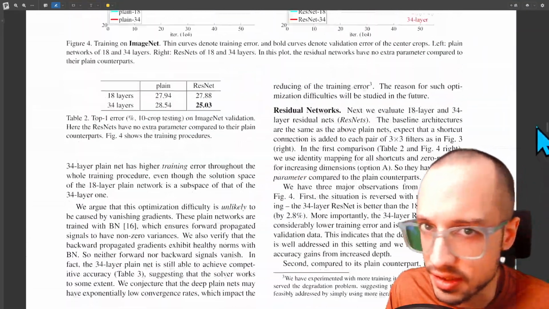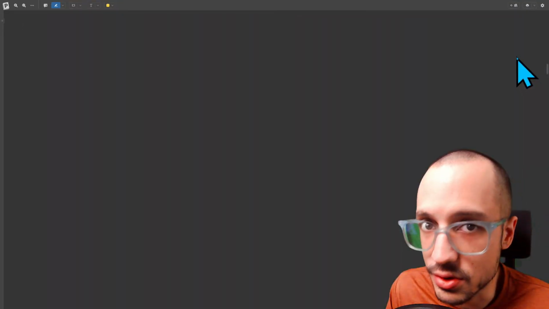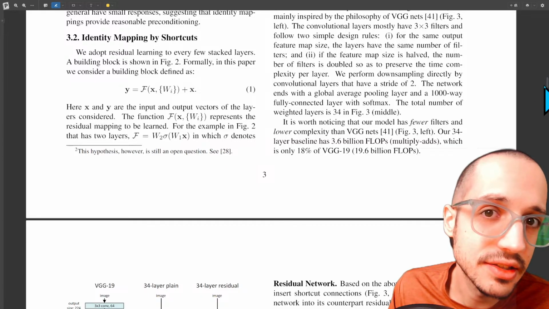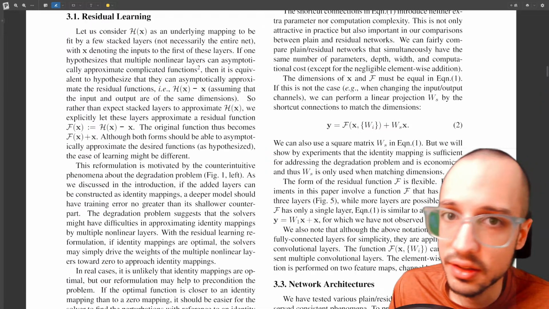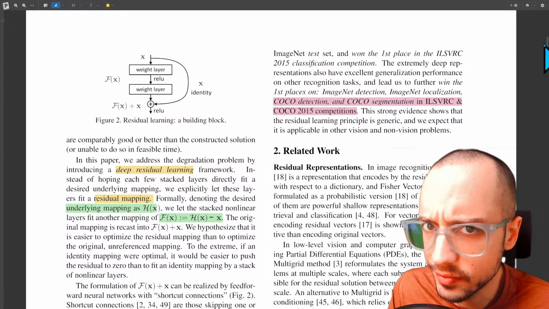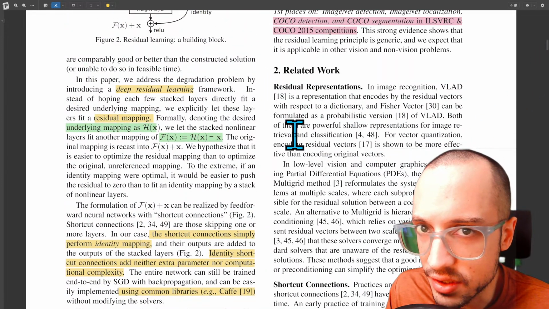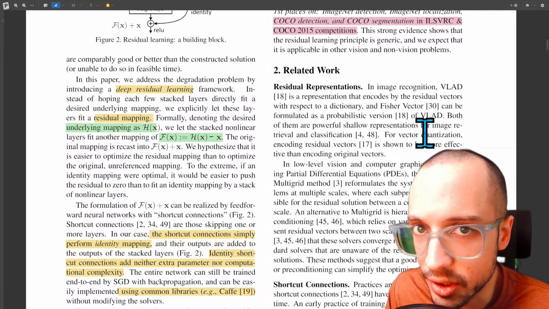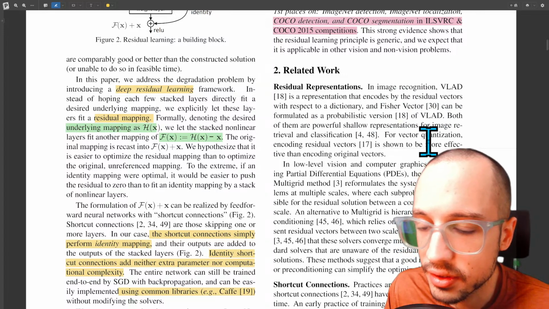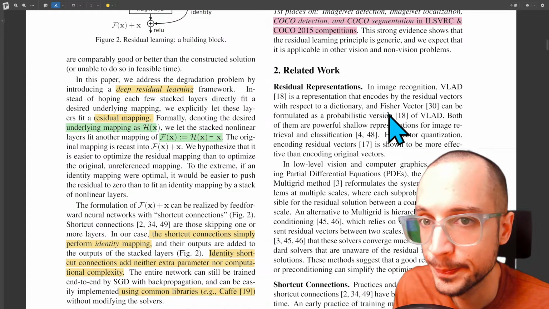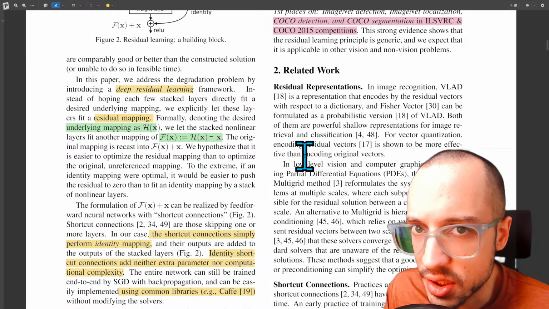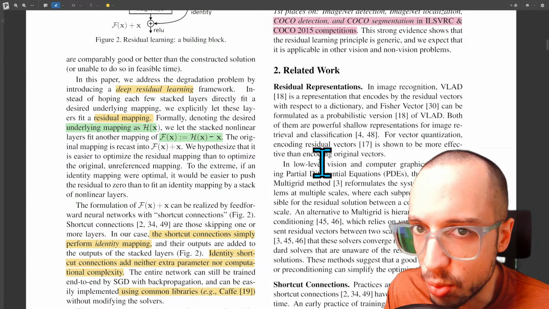Okay, so that's probably old school computer vision, where you're hand designing this stuff. But here they're basically saying that there are these old school computer vision things that are similar-ish to the idea of residual connections. For vector quantization, encoding residual vectors is shown to be more effective than encoding original vectors.